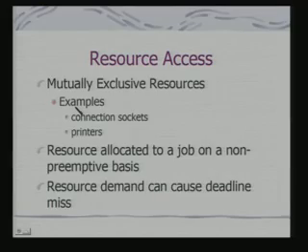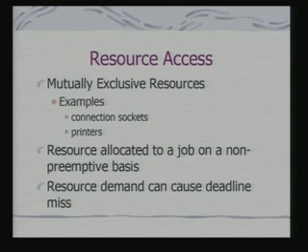So, let us recapitulate what we did in the last class about the resource access. Many of the resources are actually mutually exclusive resources. Examples can be printers, examples can be sockets by which a system establishes network connection. These resources are allocated to a job on a non-preemptive basis. That means a process gets an exclusive access to the resource.